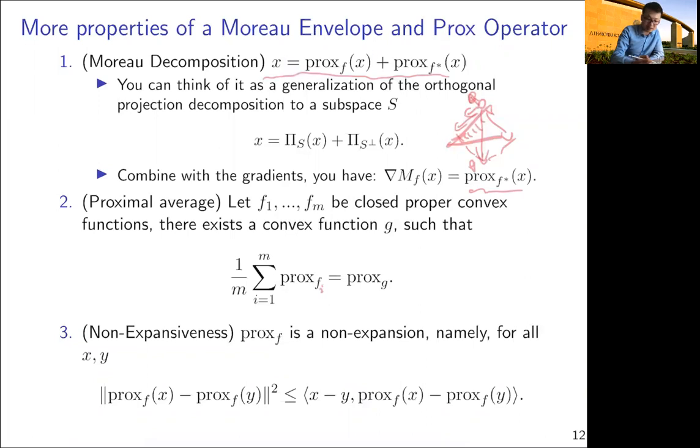The tricky part is that this is an existential statement, which doesn't tell you how to construct this convex function g from f1 to fm. There are additional conditions under which you can work out the exact form of g. But even if you do not know what g is, this theorem says you can calculate the prox operator of that unspecified g by calculating the prox of each f1 to fm, to induce structures that are given simultaneously by all of the convex functions.